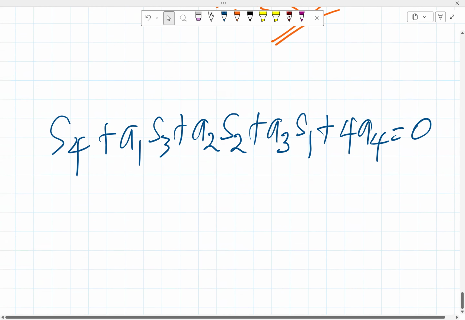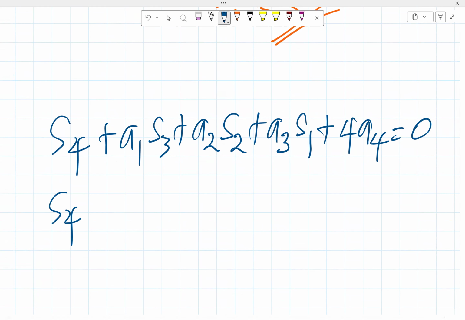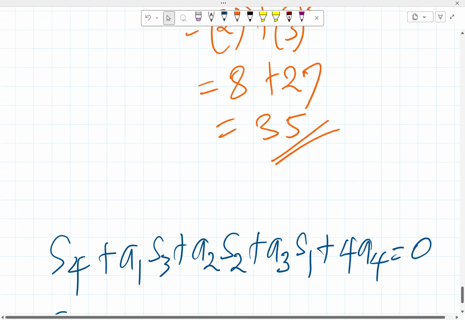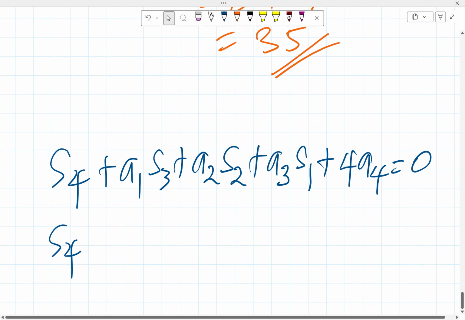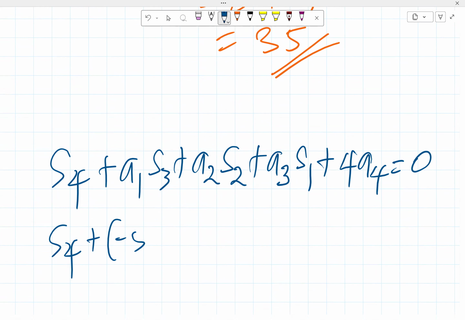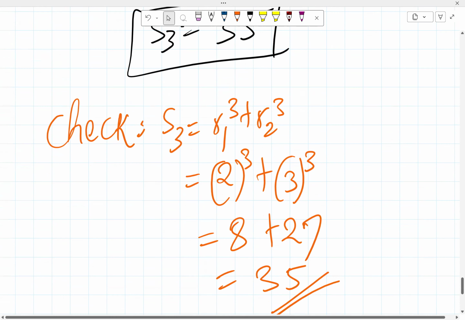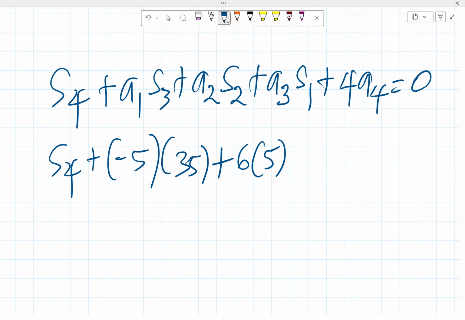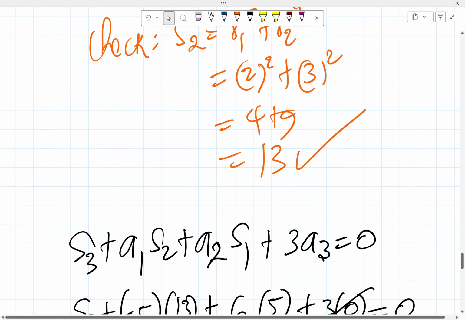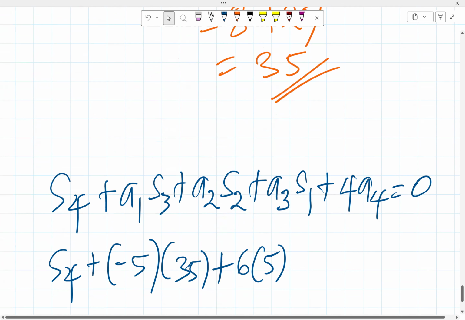There's nothing like A3 or A4, as we already know. So let's just do it. Plus A1, A1 is minus 5, and S3 that we just got is 35. A2 is 6, and S2 is 13.